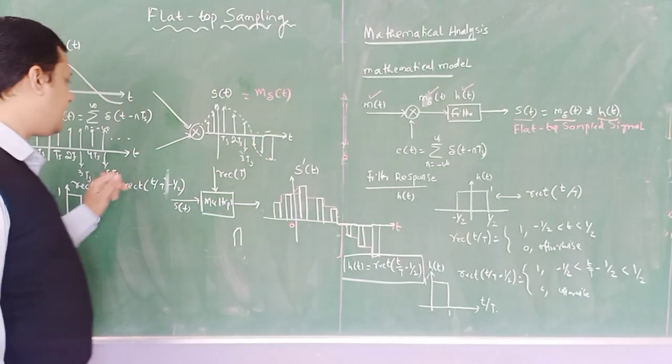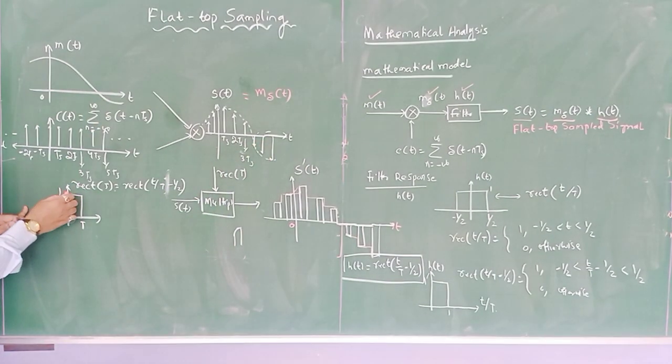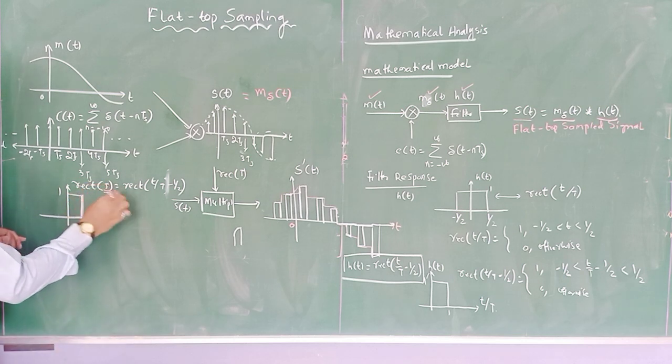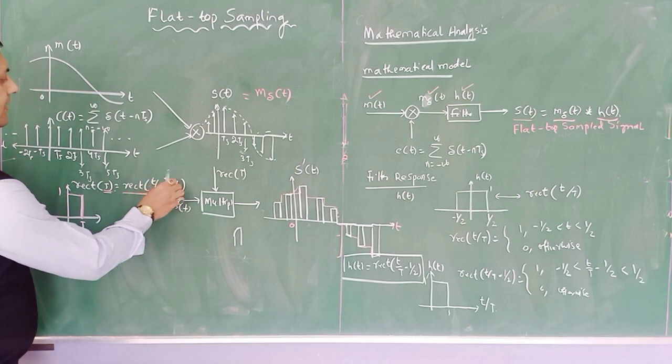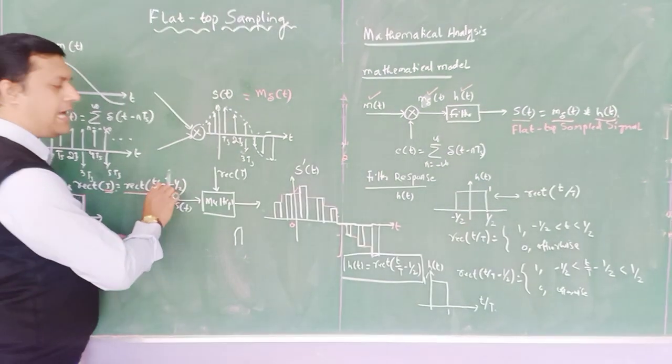Now, what is the rectangular function we have considered? It is a rectangular function that for time period T has amplitude 1, the rect of tau. This tau is nothing but t by T minus half. How does this happen? Let's see.